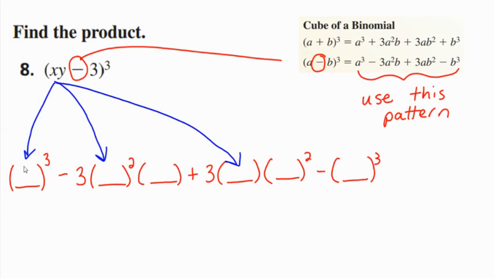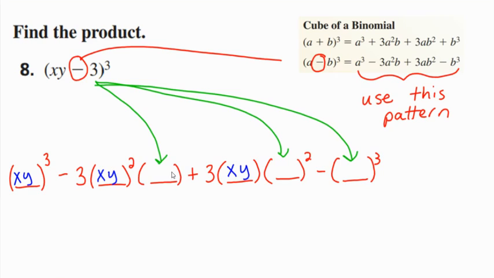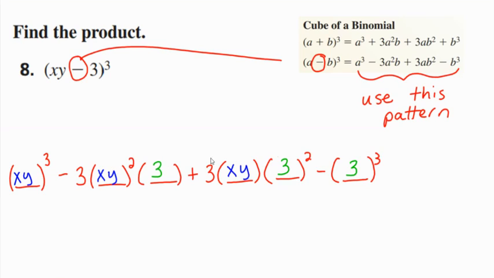In my first sets of blanks, I'm going to put the xy, xy, xy, xy. And then in these second sets of blanks, where the b's were up here, I'm going to put the 3, 3, 3, and 3. And then I just need to simplify this.